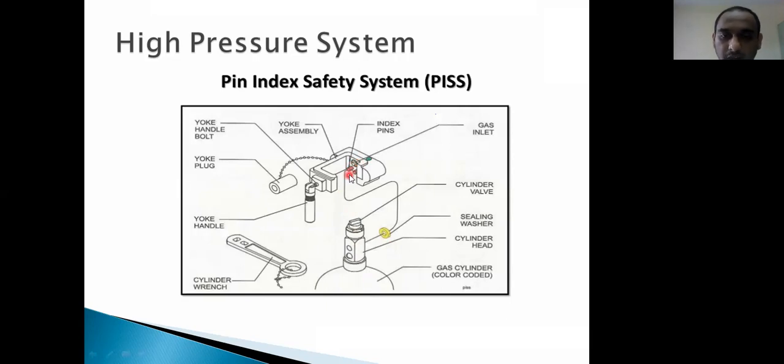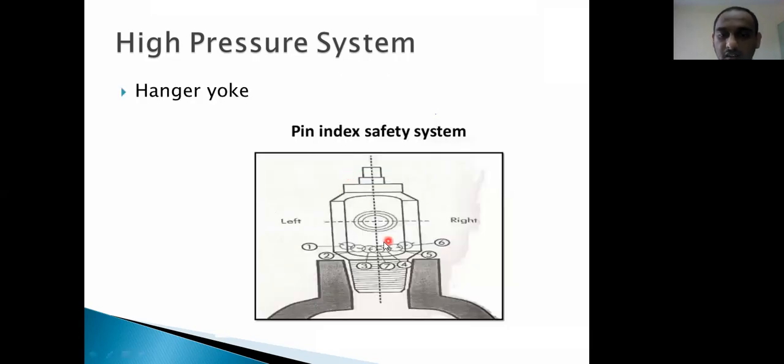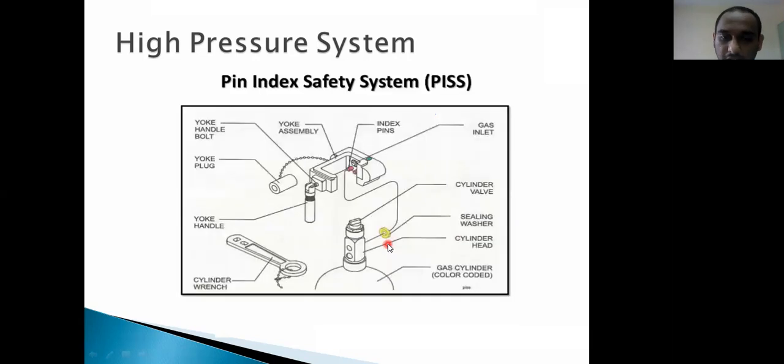But suppose you try to attach a nitrous cylinder, which is going to have a hole at number 3 and another at number 5, to an oxygen yoke assembly, which is going to have these pins at 2 and 5 respectively. There is going to be a mismatch and you cannot attach the nitrous cylinder to the oxygen yoke assembly.